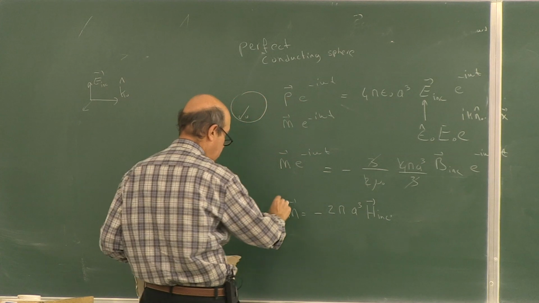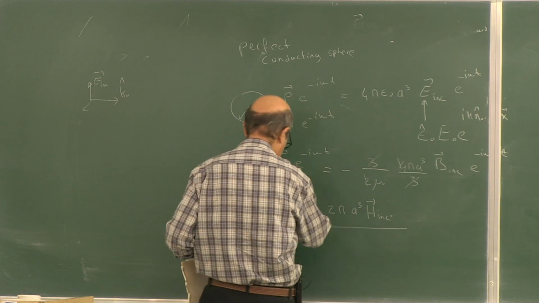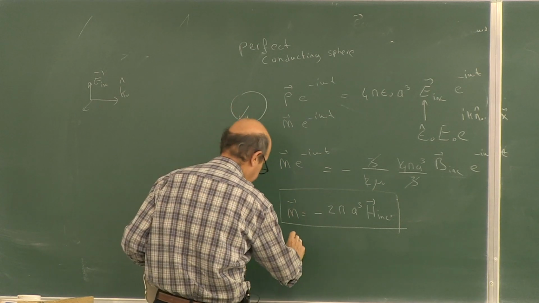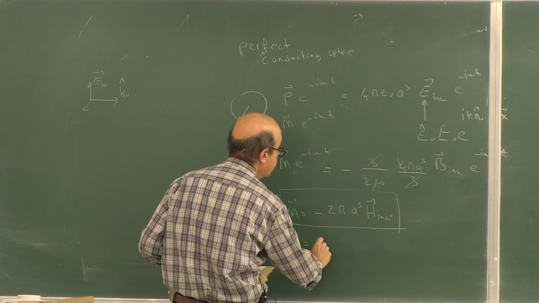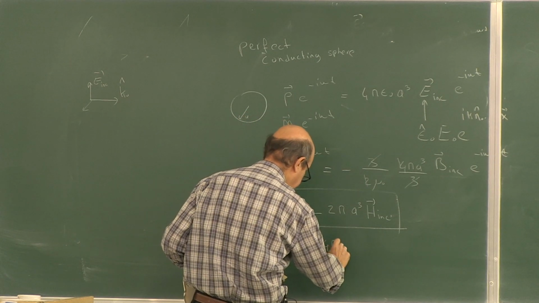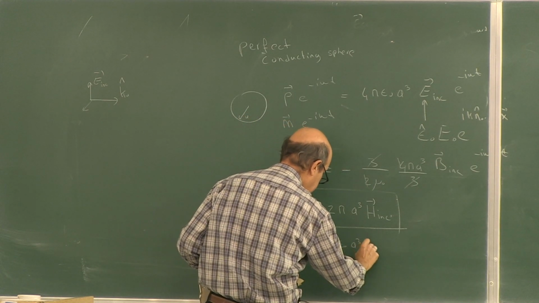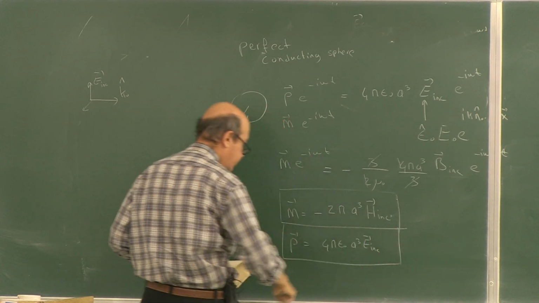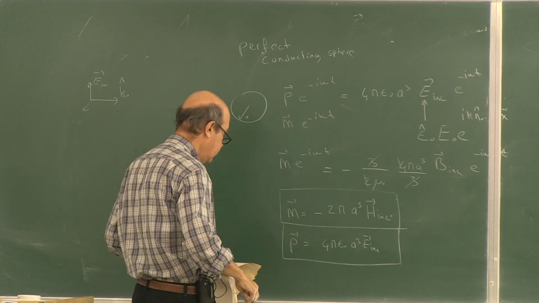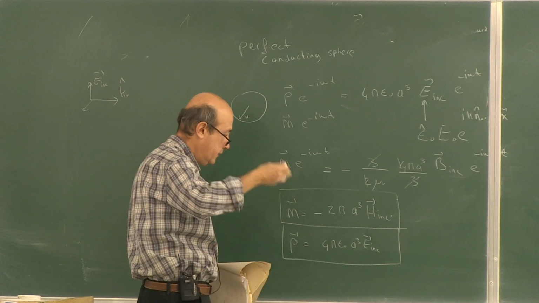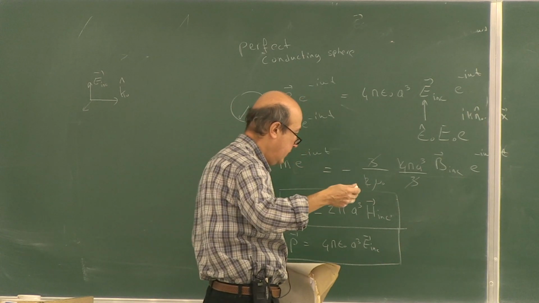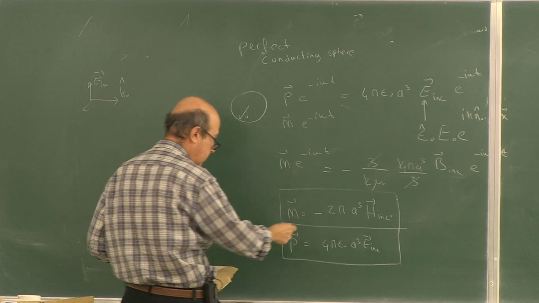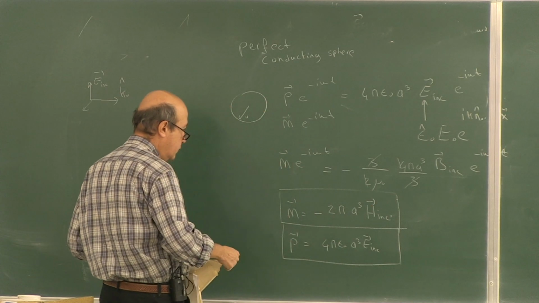So basically what we are seeing is that the electric dipole moment of the sphere, that is 4 pi epsilon 0 a cube E incident, is along the direction of the external electric field, that is the electric field of the incoming electromagnetic wave, and the magnetic dipole moment is antiparallel to the H incident.